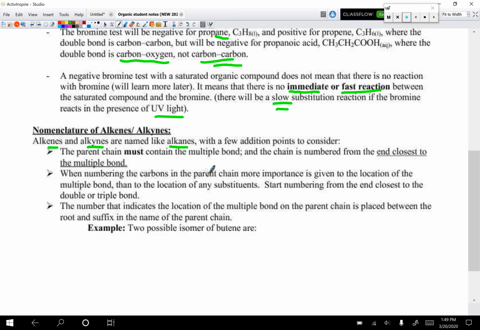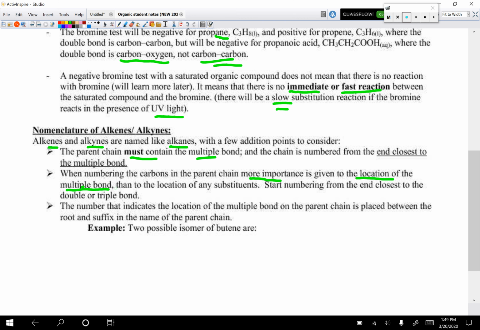So that means the multiple bond cannot be in a branch, all right? So it must contain the multiple bond. Now, when numbering the carbons in our parent chain, more importance is given to the location of the multiple bond.